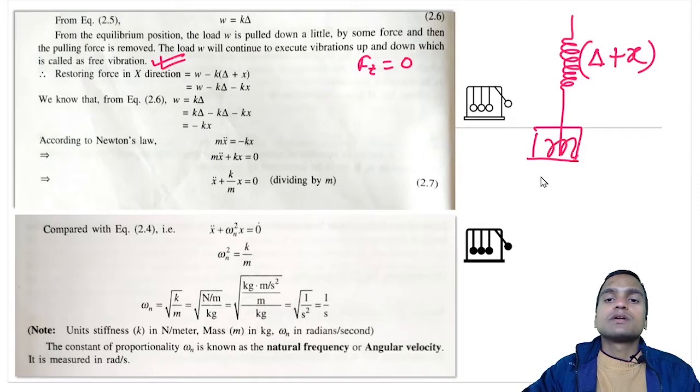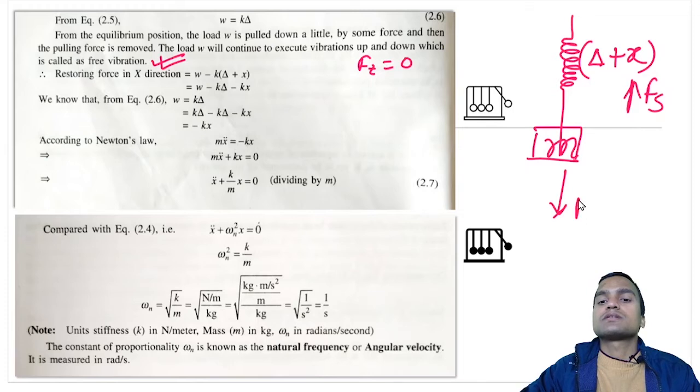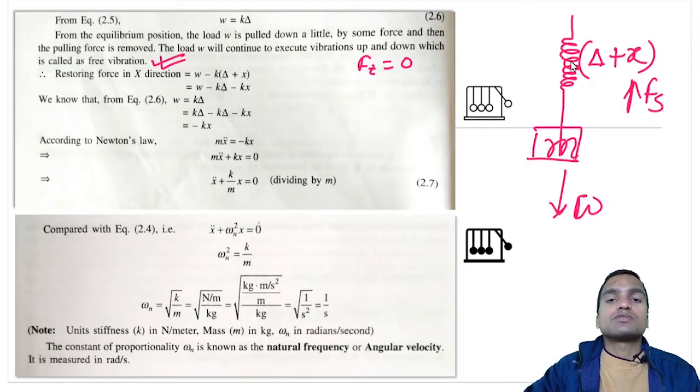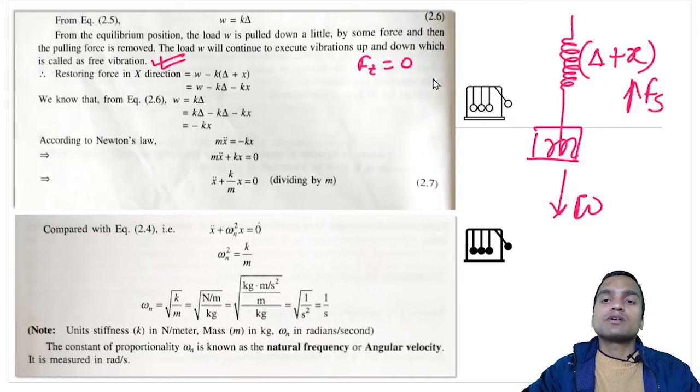The force applied from this spring will be represented by Fs, and the weight of the mass is W equal to mg, applied in the downward direction. Now the restoring force in the x direction, the vertical direction, will be equal to W minus k times delta plus x, because delta was the static displacement and we have displaced it even more from the static position by amount x.